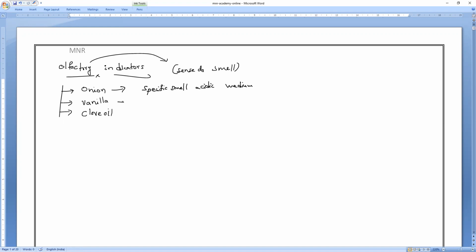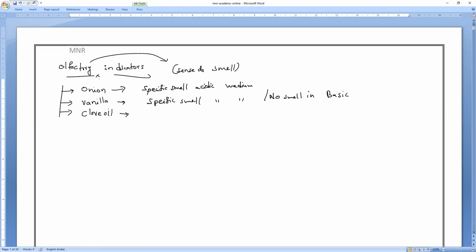Vanilla is the same thing. It has a specific smell in acidic medium, and there is no smell in basic medium.